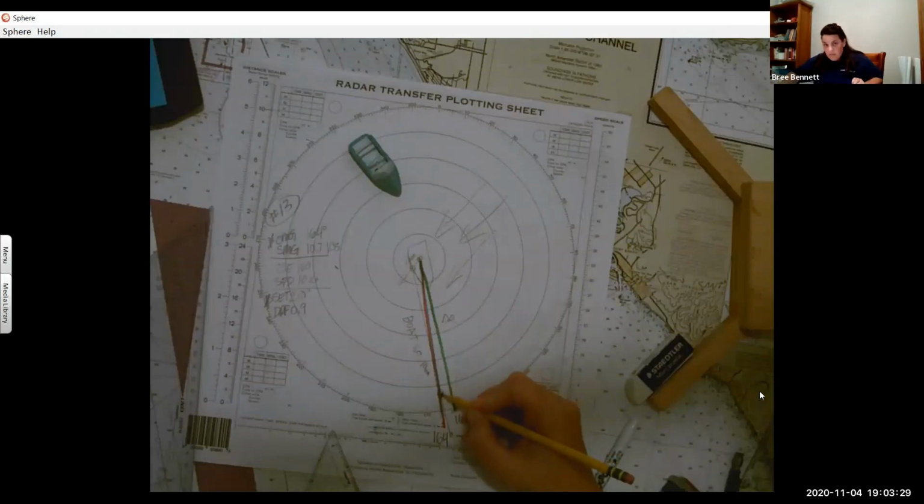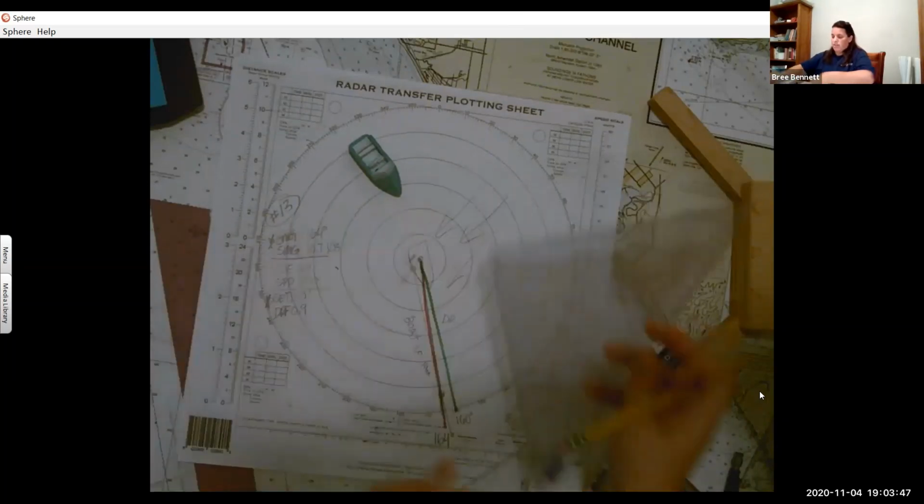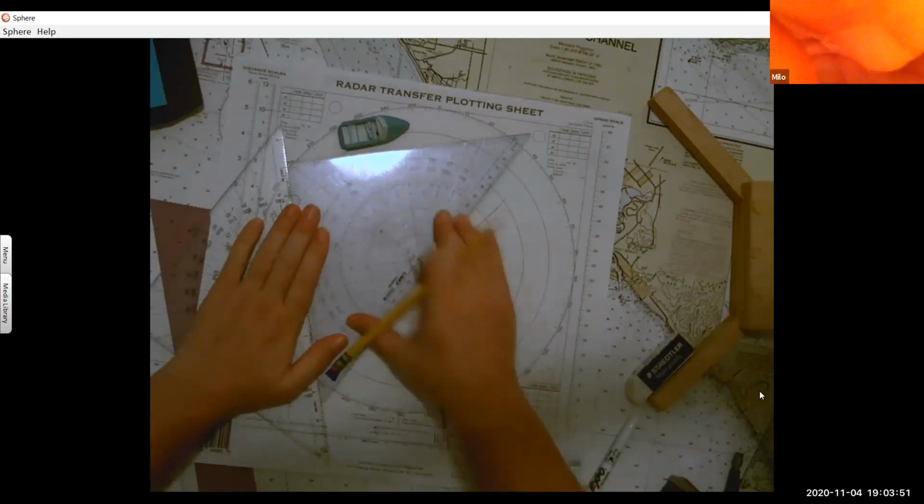If you took that heading, but started from the center, you would end up at 160, correct? So that would be your compensation. That would be the line you would compensate for because of the current.